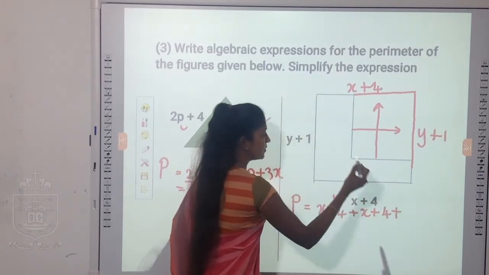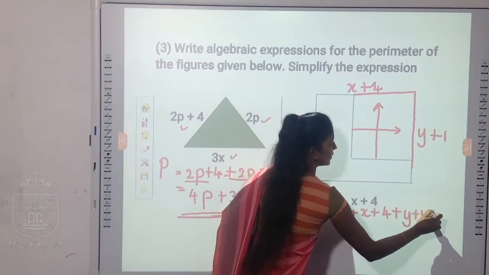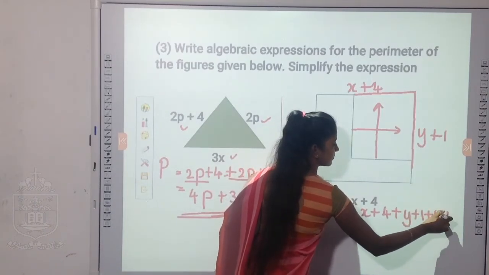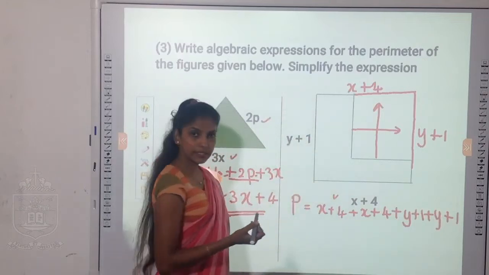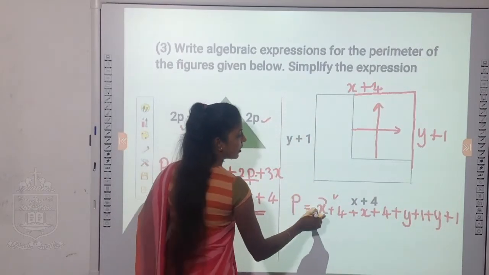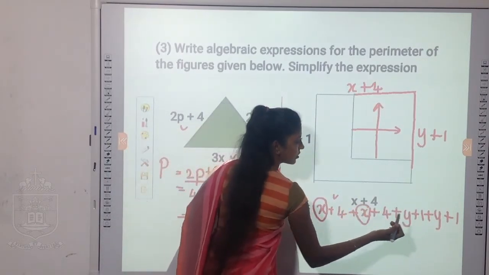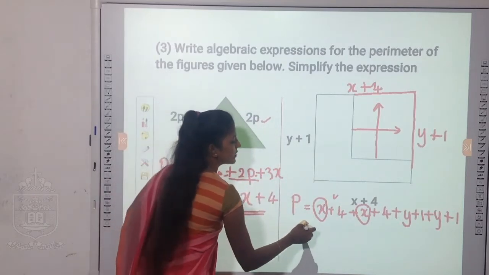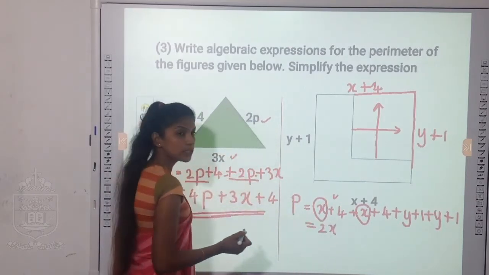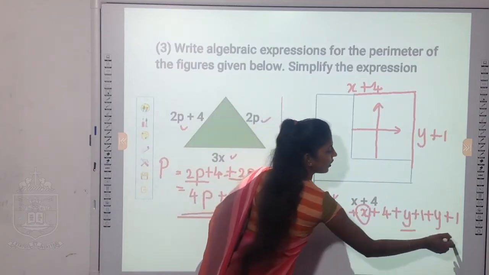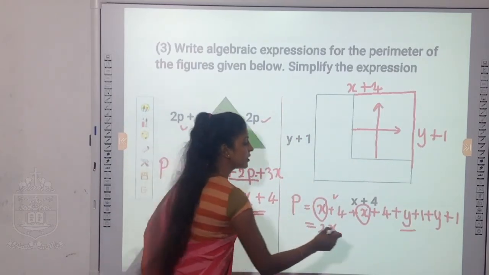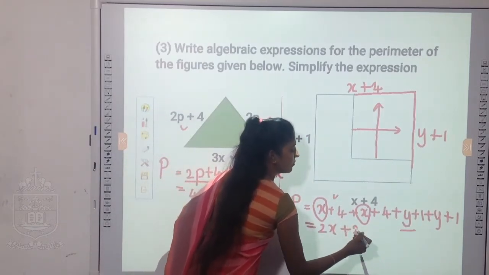And there's another side, y plus 1. And another y plus 1. So if you take like terms separately, altogether there are 2 x terms, x plus x, 2x, and take the y terms separately, altogether there are 2 y's, so add them, that is 2y.